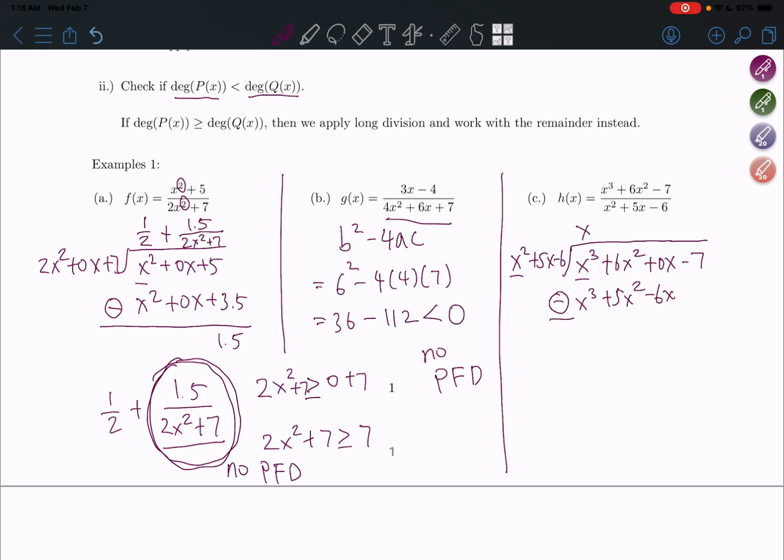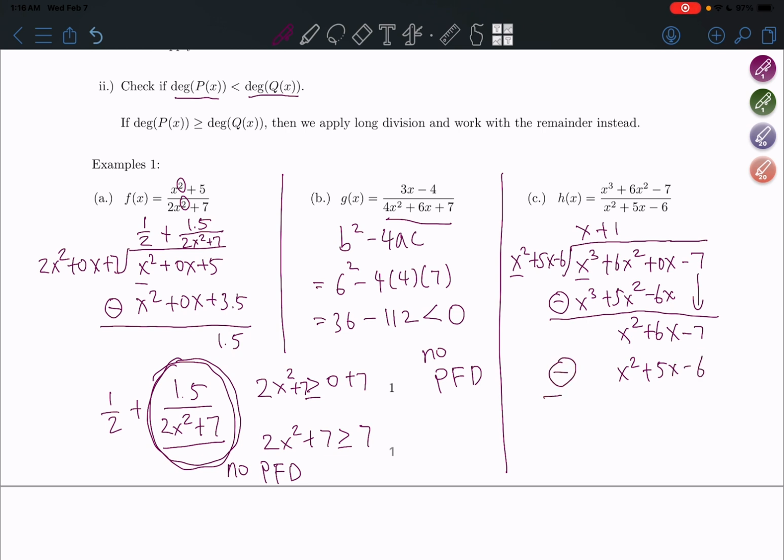And I'm going to do subtraction. x cubed goes away. 6x squared minus 5x squared is 1x squared. 0x minus negative 6 is positive 6x. Drag down the negative 7. And now I need to multiply by 1. So 1, and then distribute x squared plus 5x minus 6.